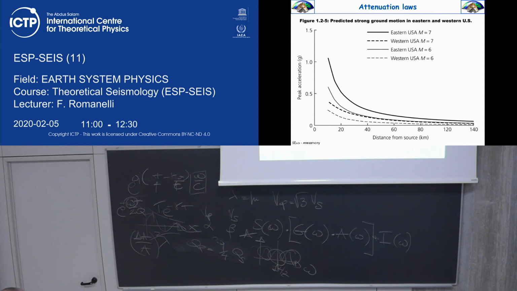They are so different that actually a magnitude 6 in the east is giving the same effect as a magnitude 7 in the west. For Q. Because central and eastern USA usually, on average, has a Q value that is very large when compared to the west coast.